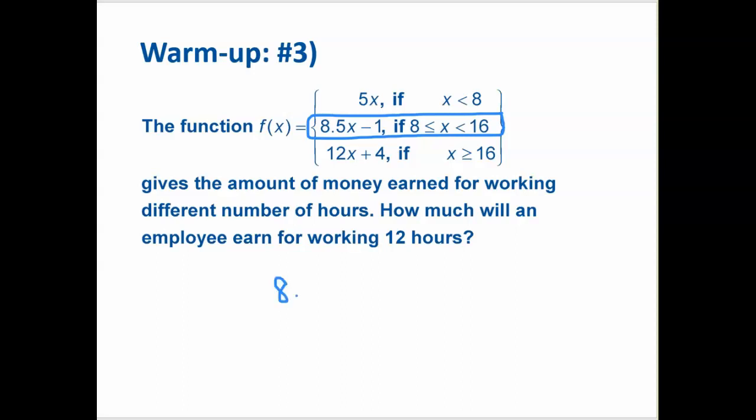So it would be 8.5 times 12 minus 1. And Avery, I saw you had your hand up. What did you get? 101. Good. So they would earn $101 for working 12 hours.